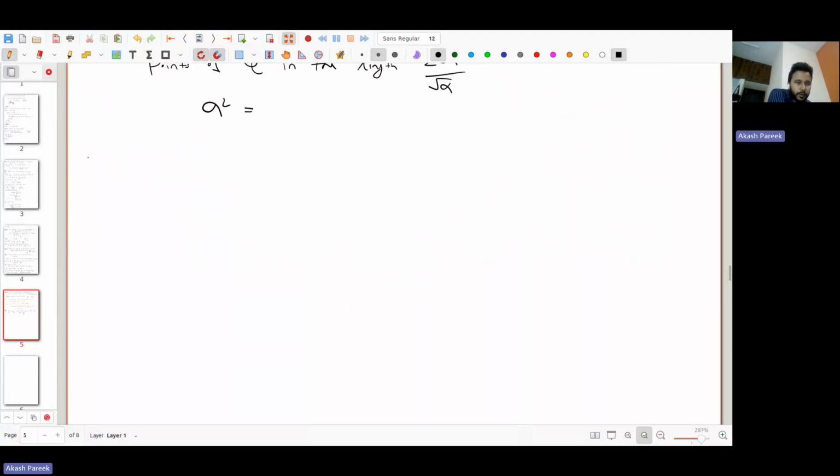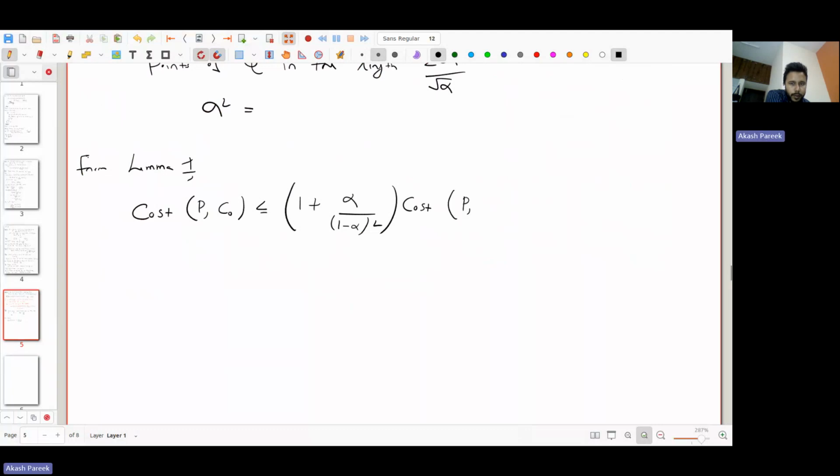Then from lemma 1, what we know is the cost of P on C0 is bounded by (1 plus alpha) by (1 minus alpha) square times the cost of P on C1, where C0 is the center of I intersection P intersection X2 and C1 is the center of P intersection X2, right?